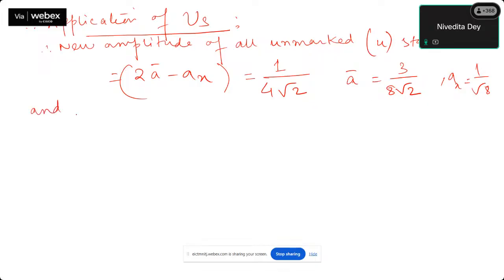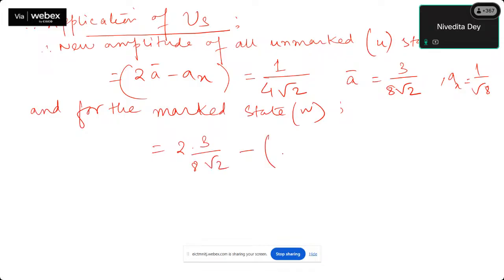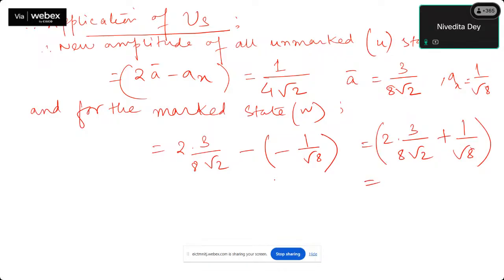And for the marked state W, it is again 2 into 3 by 8 root 2 minus of minus 1 by root 8. Unfortunately, instead of getting diminished, its amplitude, which was negative before US, now becomes very big, 5 by 4 root 2.